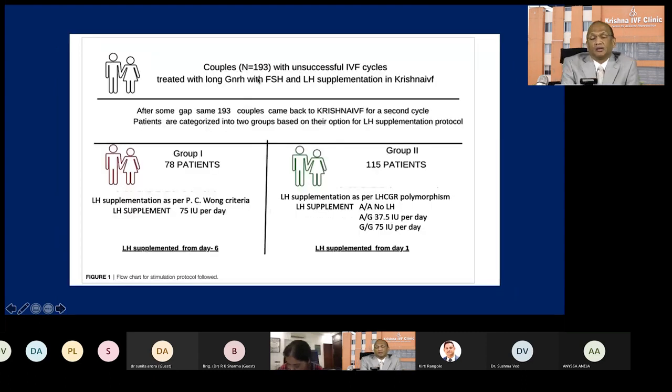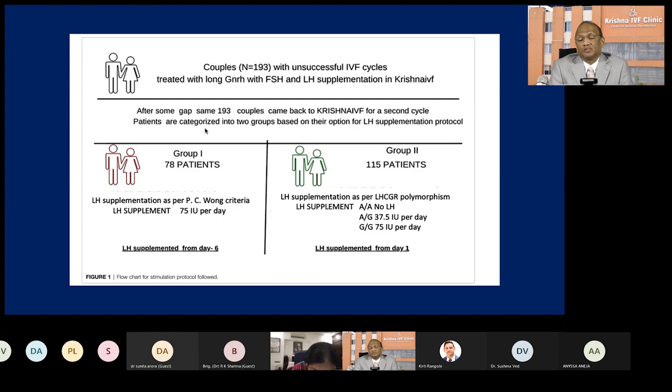Here there were 193 couples with IVF cycles who had long GnRH with FSH and LH supplementation, and after some years, with the gap varying between 2 to 6 years, and a couple of cycles outside in between, they came for a second cycle, and these people were categorized into one group. We gave LH supplementation as per PC1 criteria, that means LH given from day 6.